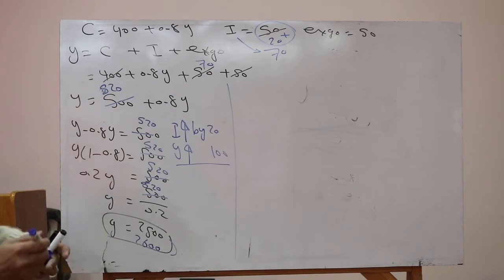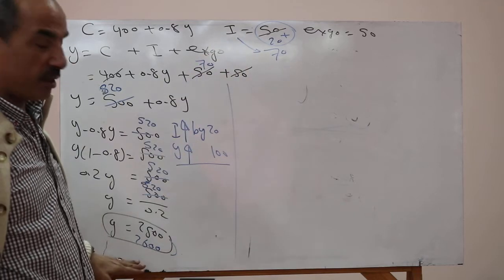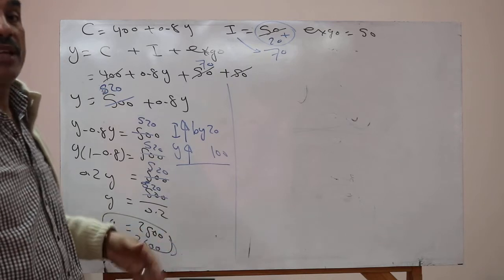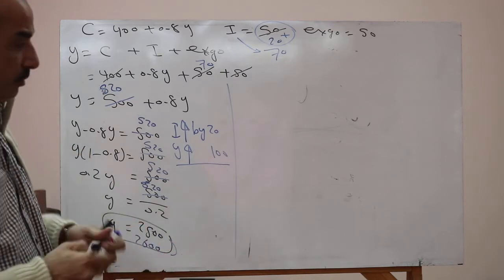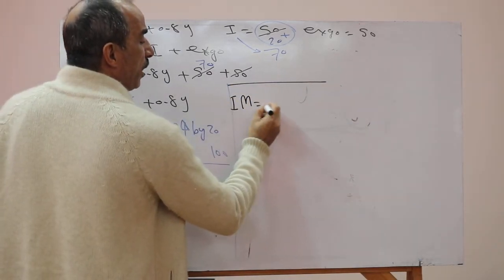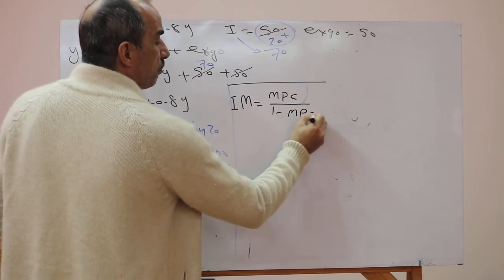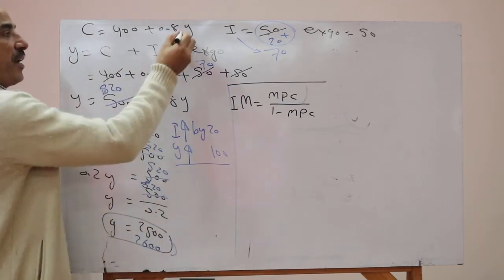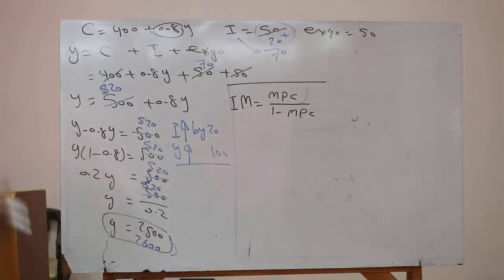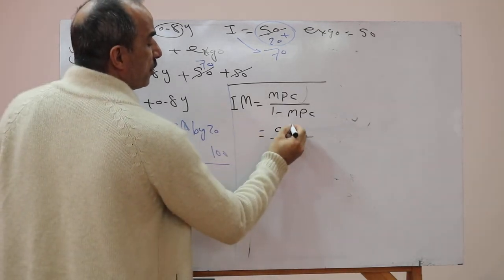Another way to find the effect of investment on national income is the multiplier. Number one, investment multiplier, meaning MPC out of 1 minus MPC. MPC is the number behind Y in the consumption function, equal 0.8.